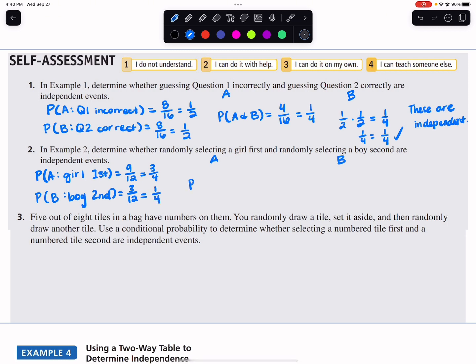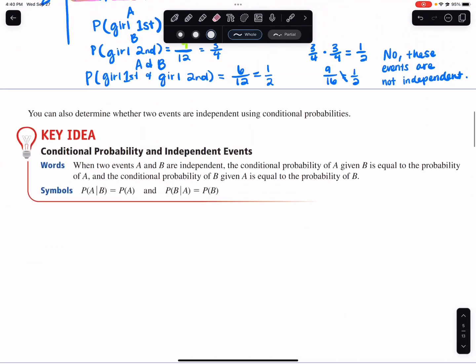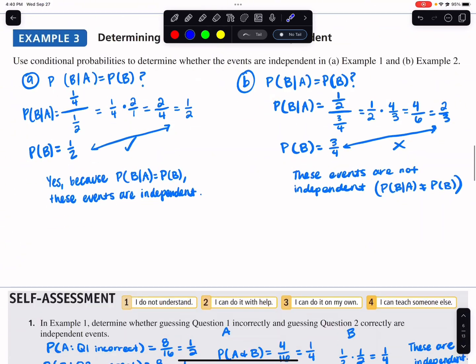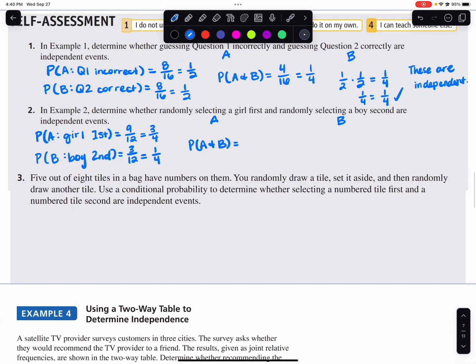And then I'm gonna find probability of A and B. So girl first, boy second. So I'm looking for all the ones that have GB. So that's 1, 2, 3. So 3 over 12 is 1 over 4.